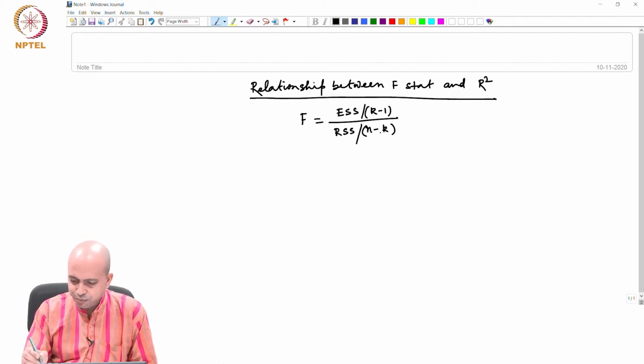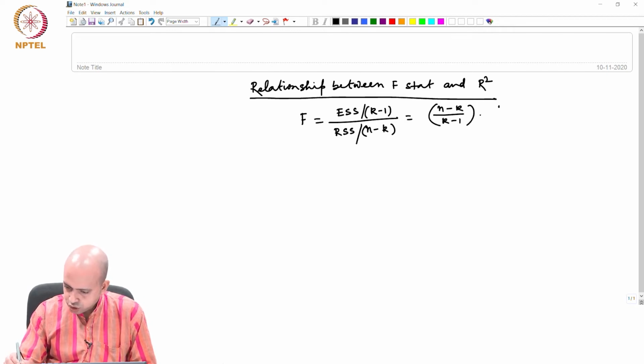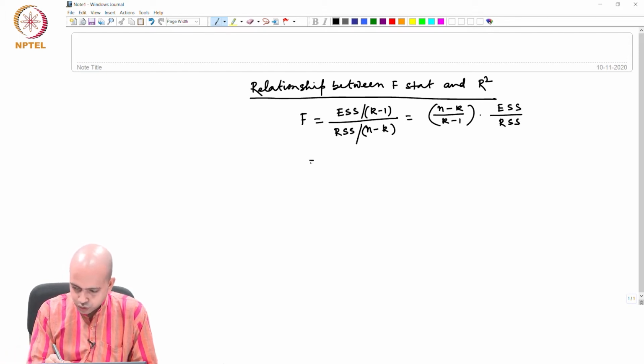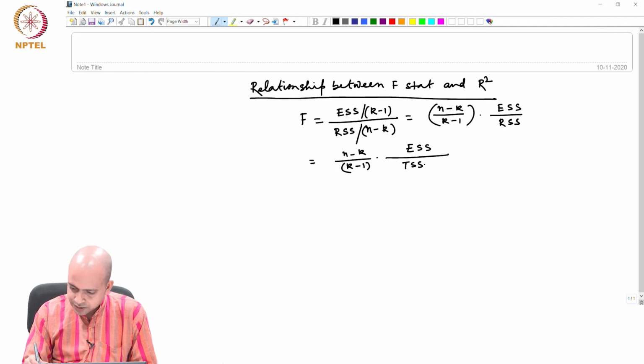Now, we can do some algebraic manipulation and this will turn out to be n minus k by k minus 1 into ESS by RSS, equals n minus k into k minus 1 into ESS, where the numerator is ESS, and this RSS we can write as TSS minus ESS, right.